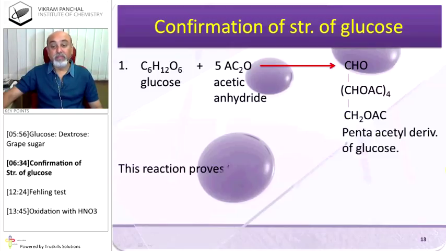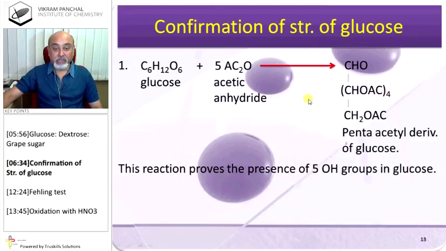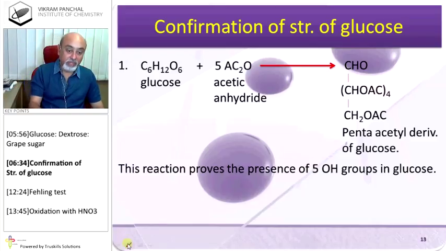Here we are getting the pentaacetyl derivative of glucose, and this suggests that 5 molecules of acetic anhydride are used in this reaction. That means there must be 5 OH groups. So any molecule which contains an OH group will react with acetic anhydride.